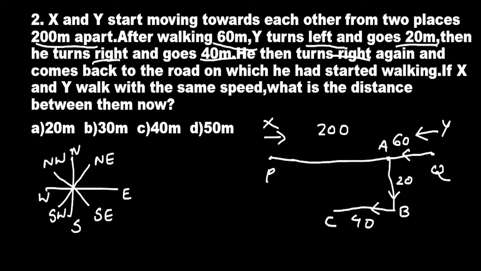From C, he goes northwards up to D. If X and Y walk with the same speed, what is the distance between them now?